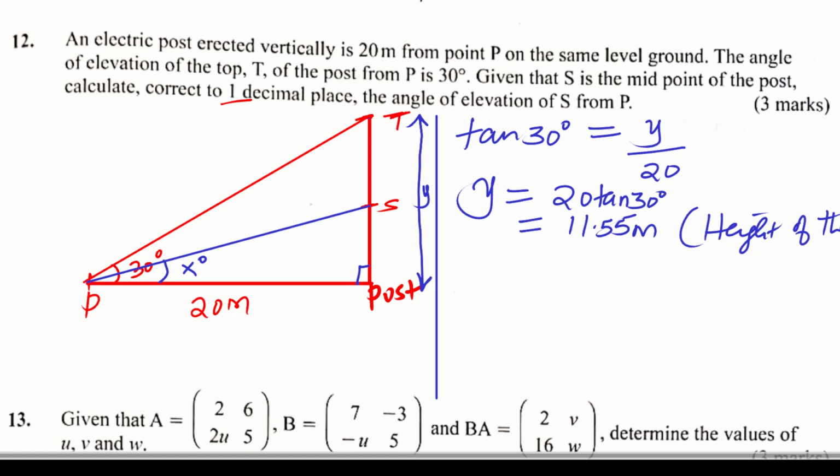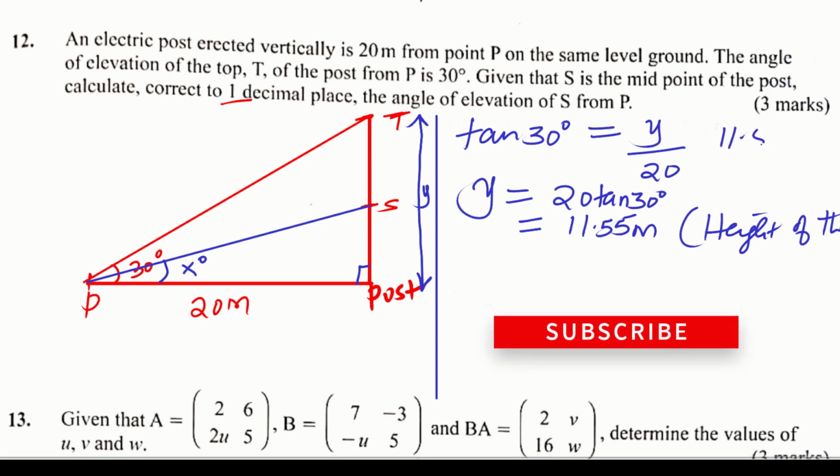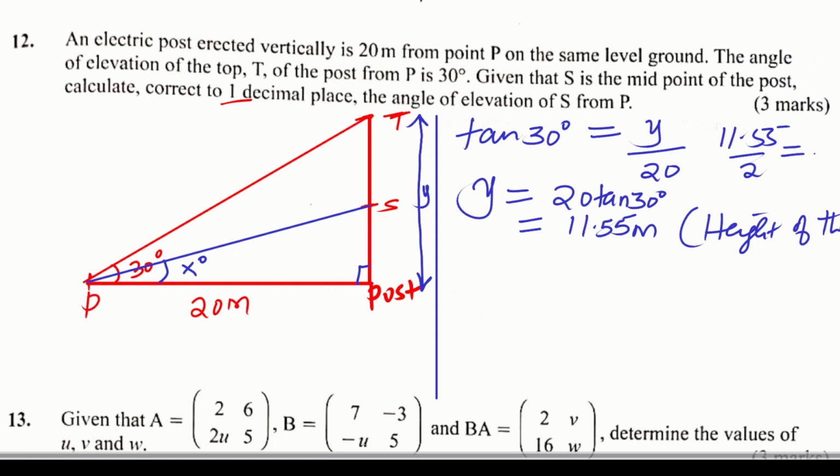If the length of the post is 11.55, the midpoint will be half of that. So we divide 11.55 by 2, and this gives 5.775. This one as well, 5.775, since the length of the post is 11.55.